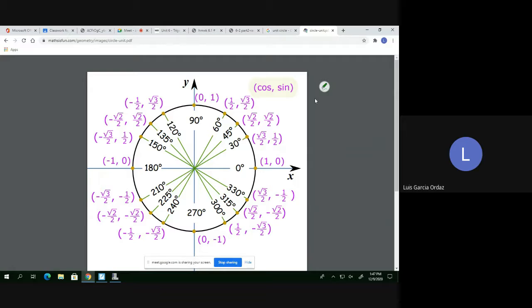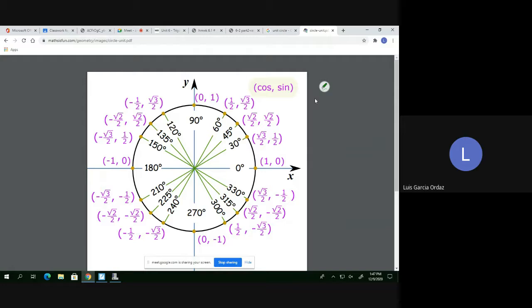So at each point, we have 30 degrees as our first point. We're going to determine cosine of 30 and then sine of 30. So cos of 30 is root 3 over 2, and sine of 30 is 1 over 2. And you're going to do the same thing with 45 degrees and 60 degrees.